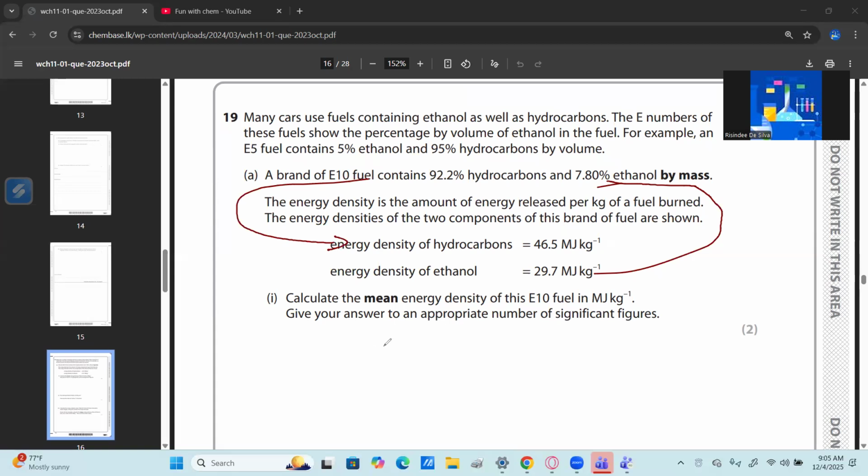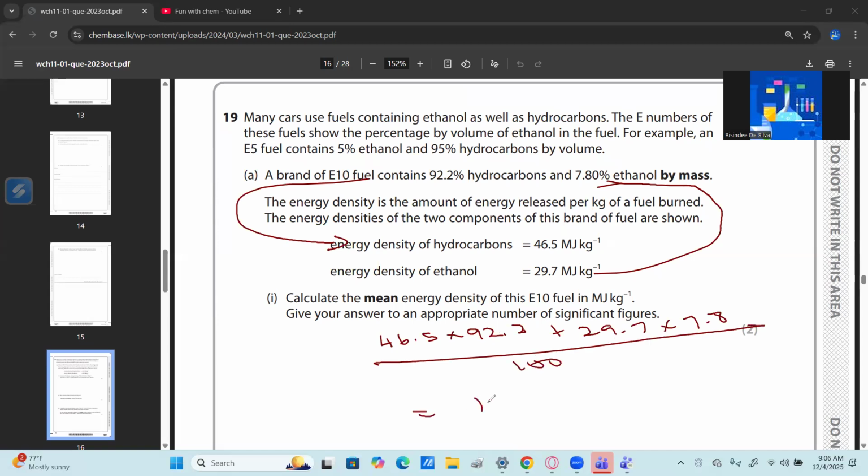So to find the mean energy, you need to multiply 46.5 by 92.2 and 29.7 by 7.8, and divide both by 100. So you get the energy density as 45.19, which is closer to 45, the appropriate number of significant figures. So I took it as 45 megajoules per kilogram.